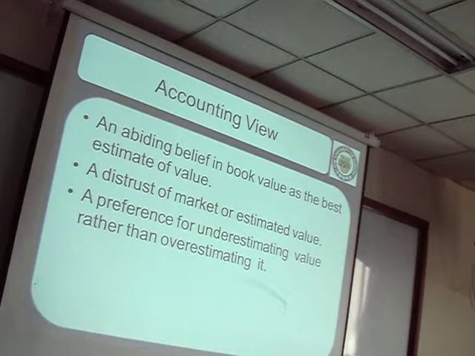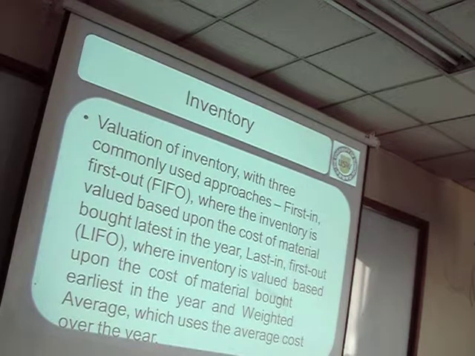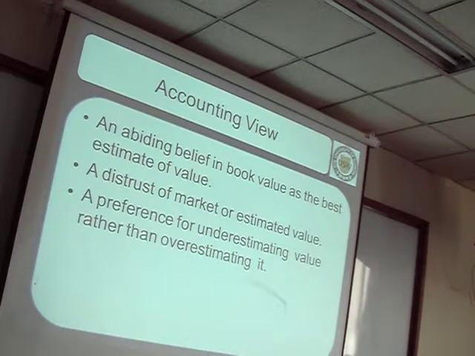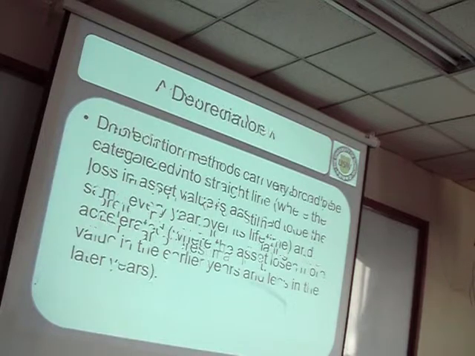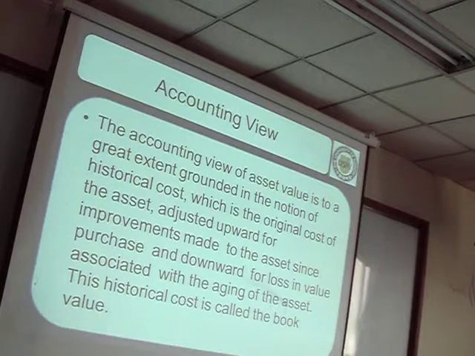And we were talking about some accounting view the last time. So we said that accounting view, we prefer book value rather than market value. So we prefer the historical value rather than the current value.